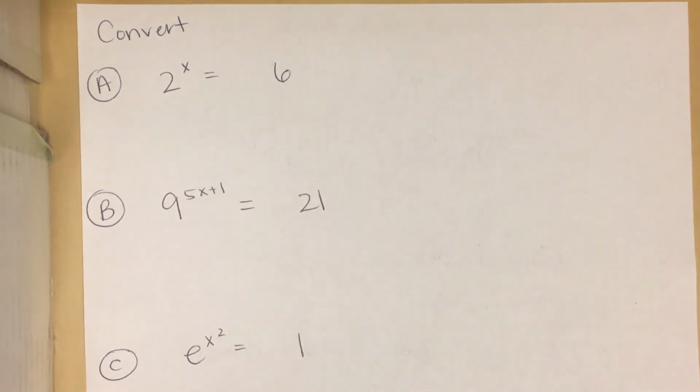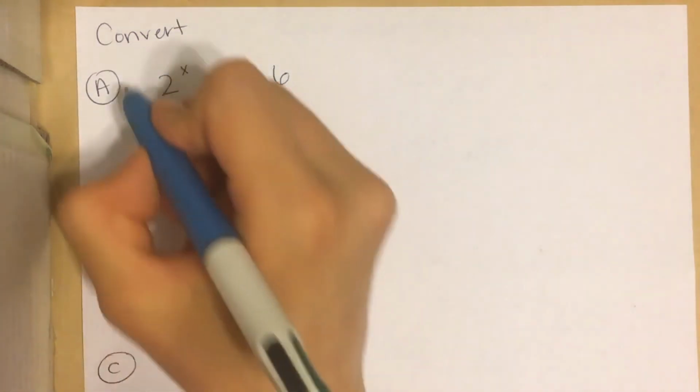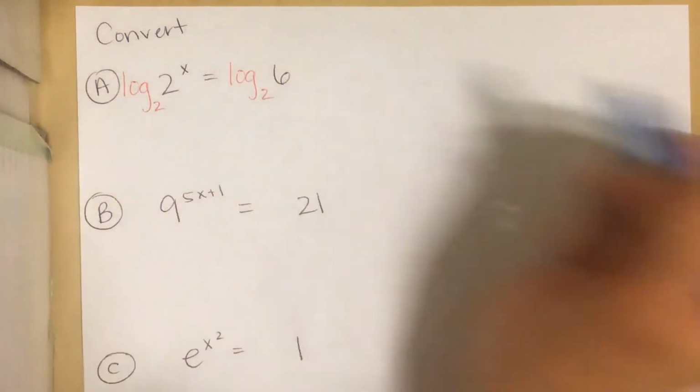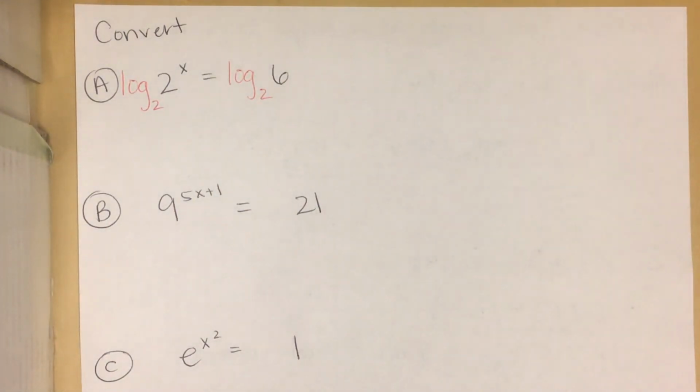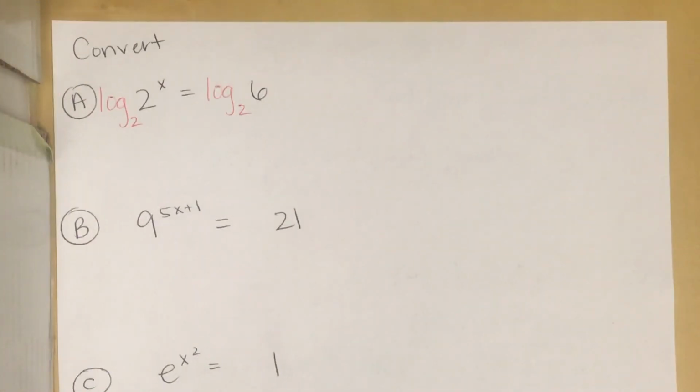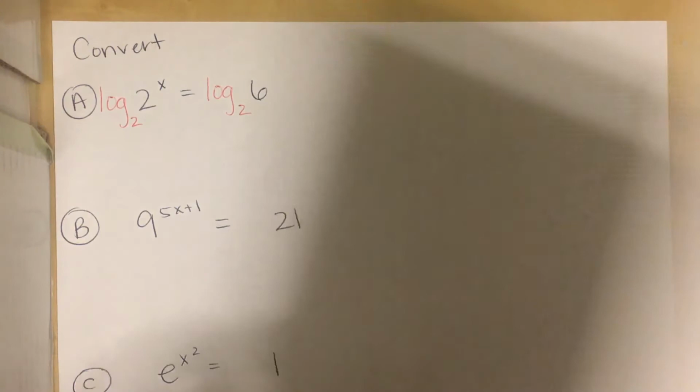Okay, so if we do that, we have 2 to the x power equals 6. Let's put log base 2's in front of both sides of the equation, because if x equals y, log base a of x equals log base a of y. All right, so I can put log base 2's in front of them, but why would I do that?